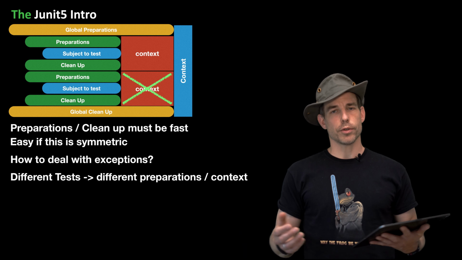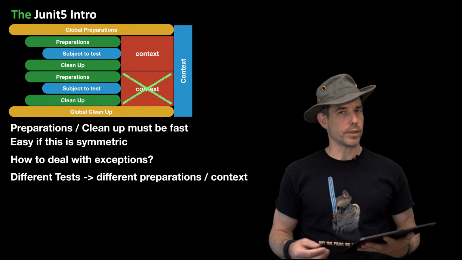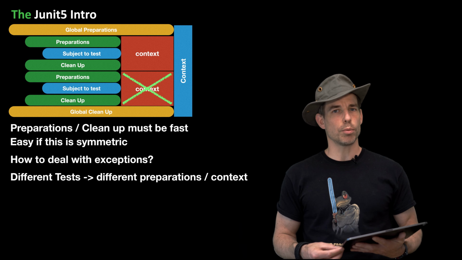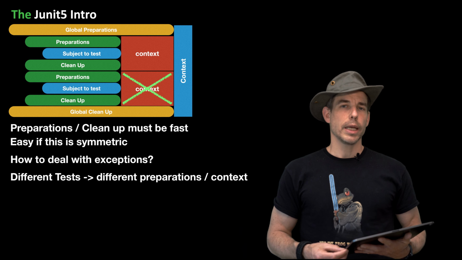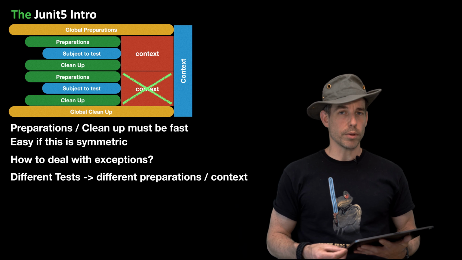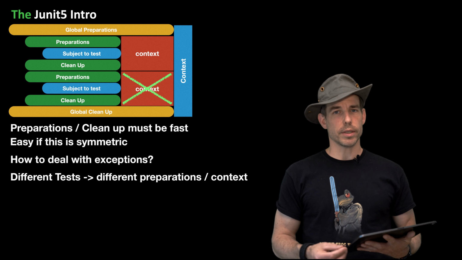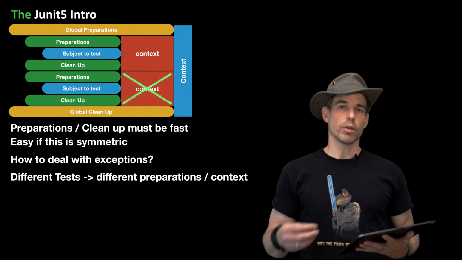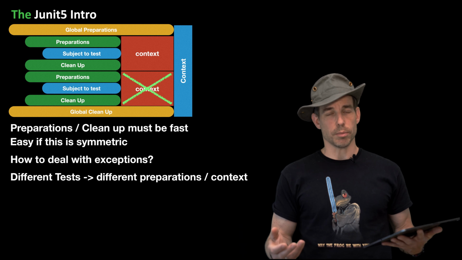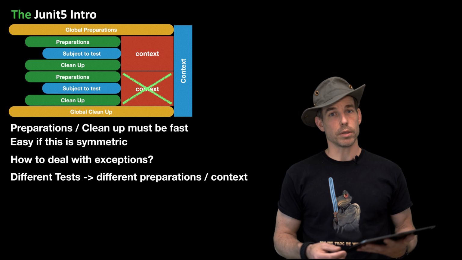Different borders or scopes could be all tests in one class, all tests in one package, whatever a test scope can be for you. In the end, you're talking about a hierarchy of contexts, so that if something will be stored there, it must be accessible inside the context, but not outside. Not below, maybe, maybe not. It depends on your needs, and maybe not outside or above this context.